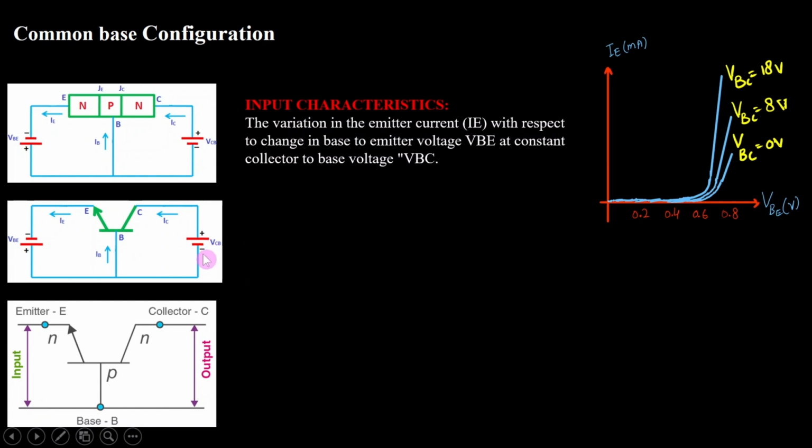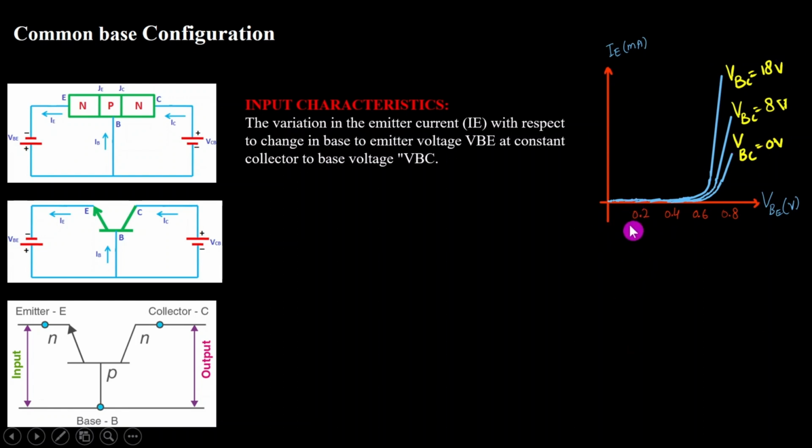We will bring changes in this IE, the emitter current, with respect to this voltage VBE at constant VCB, and we will collect the data. Experimentally, if we draw that, it will give us a graph like this. Okay, and this graph is called the input characteristics.